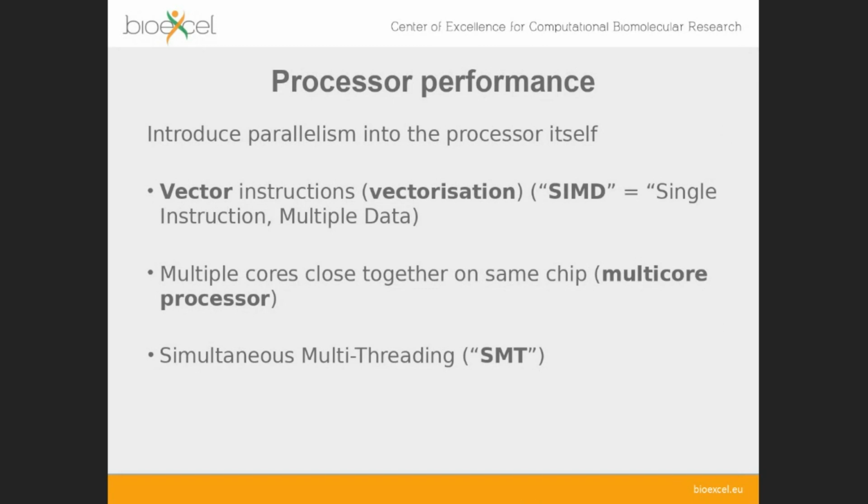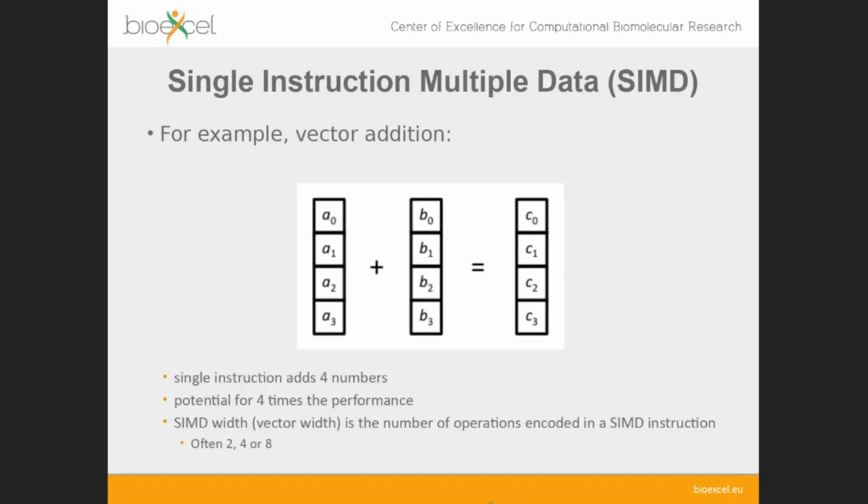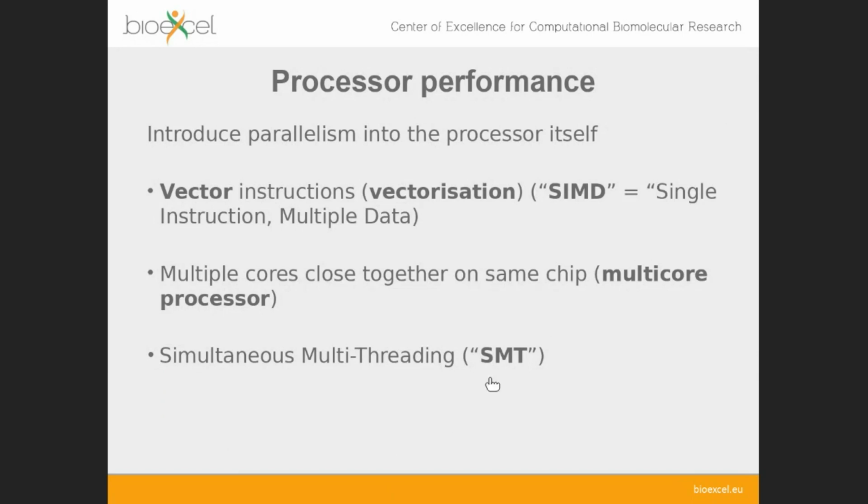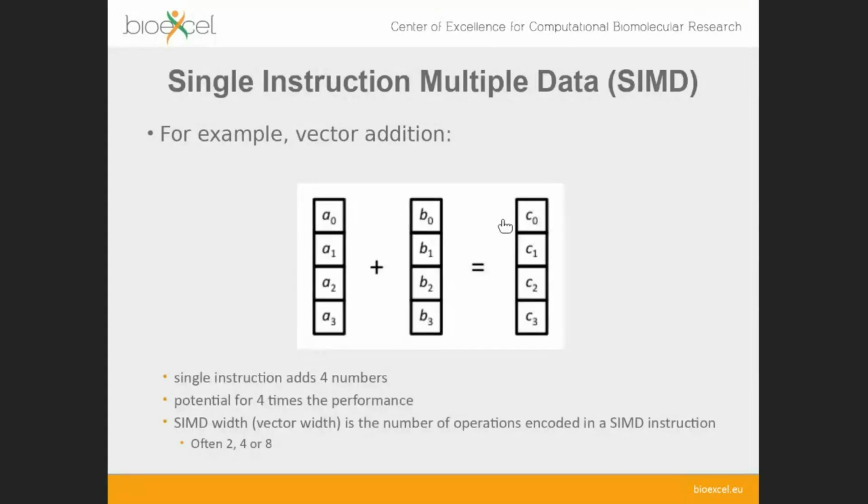As follows. Well, I'll just summarize. So SIMD is one approach. Producing multi-core processors is another approach, and providing multi-threading or SMT within a single core is another approach. So the first approach, SIMD, or vectorization, the example here, where a single instruction can add these 4 numbers. Rather than having 4 instructions that each add 2 numbers, you have one instruction that adds these 2 sets of 4 numbers.